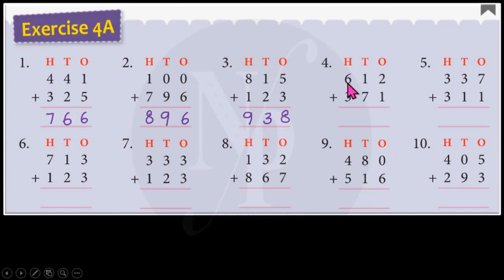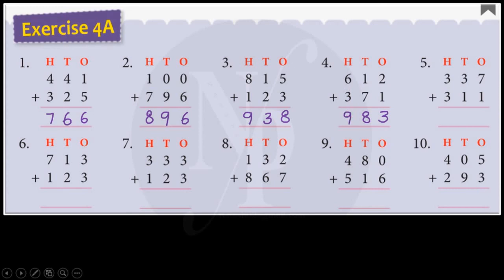Coming to question number 4. We have to add 612 and 371. First we add 2 and 1 starting from one's place. 2 plus 1 is 3, and let us write down 3 in one's place, and then 1 plus 7 is 8. 6 plus 3 is 9. 983 is the sum.